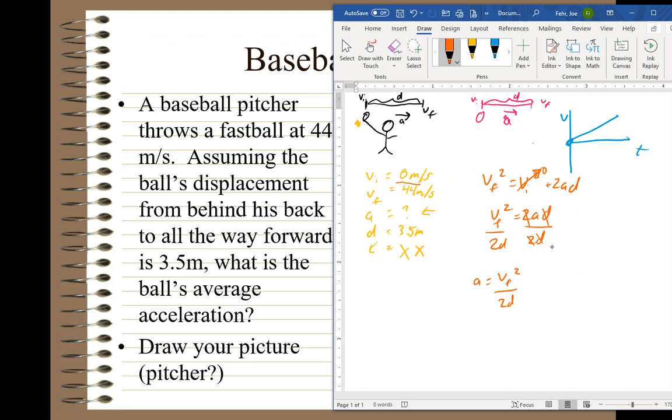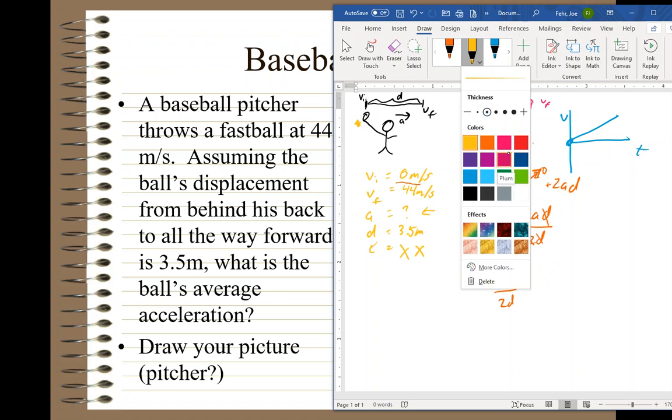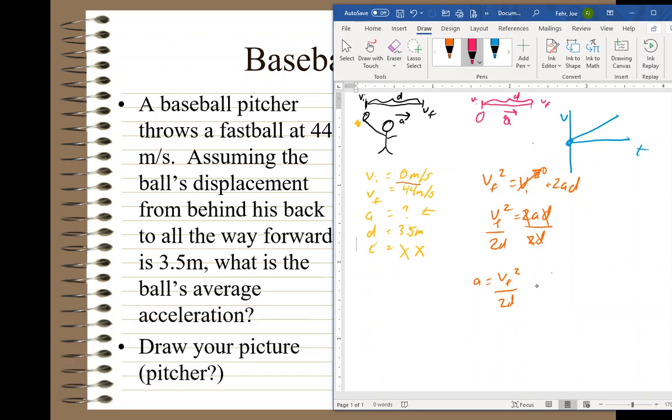Now, since I've rearranged everything, I can go ahead and plug in. V final was 44 meters per second, so that whole thing is squared, divided by twice 3.5 meters.